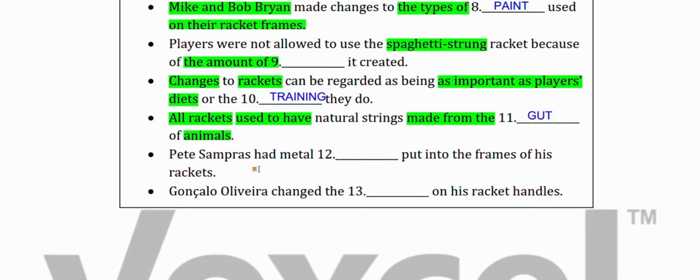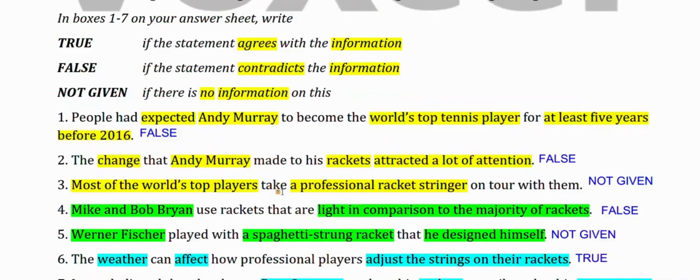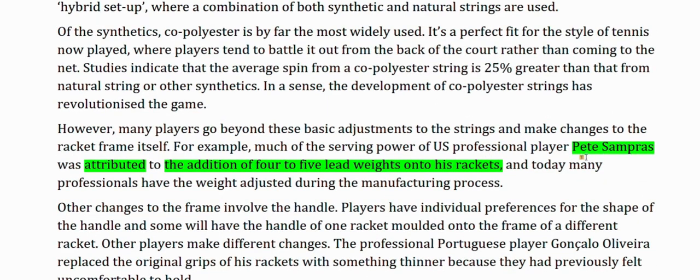Moving on to the next one. Pete Sampras had metal dash put into the frame of his racket. So we know where this particular person's name is. This person had metal dash in the frames of his racket. So he has put something related to metal. Let's see. Pete Sampras was attributed to the addition of 4 to 5 lead weights onto his racket. So if you are able to understand, you can pause the video and find the answer, and after that you can continue.